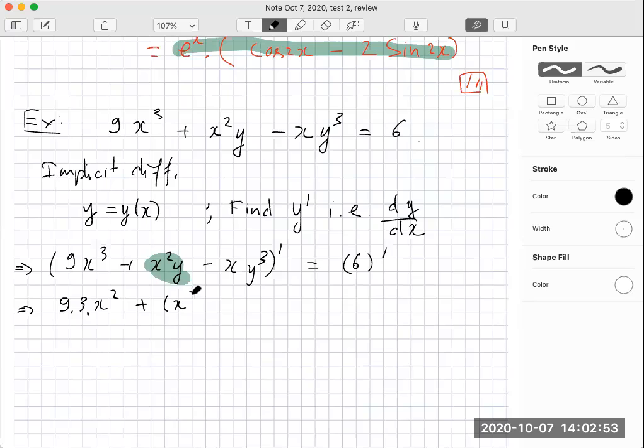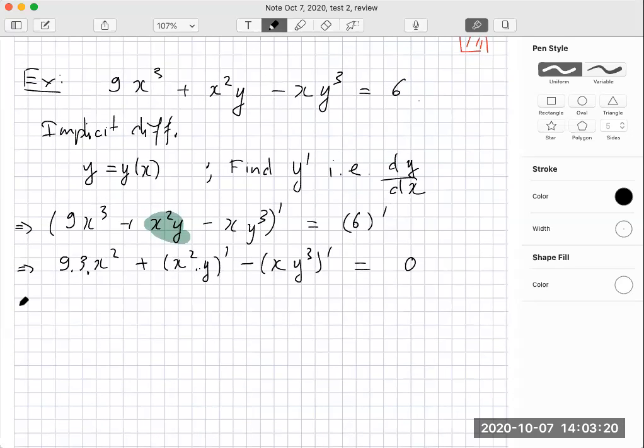Or let us do it slowly here. The derivative of this product, okay? Then the last terms. Do it slowly and carefully. The right-hand side will be? Yeah, thank you. So now, applying the product rule, the left-hand side becomes, what is it? 2x times y.